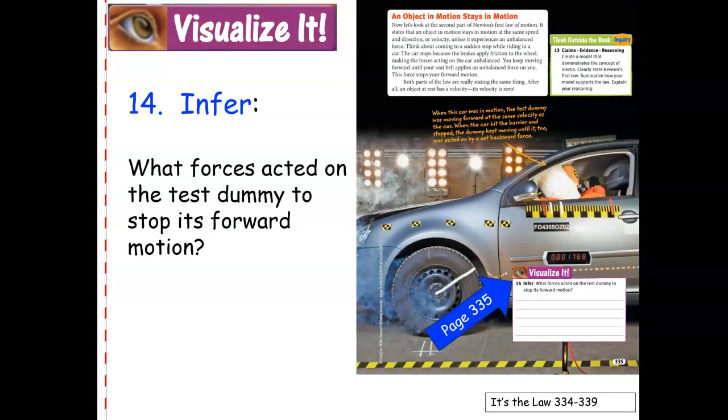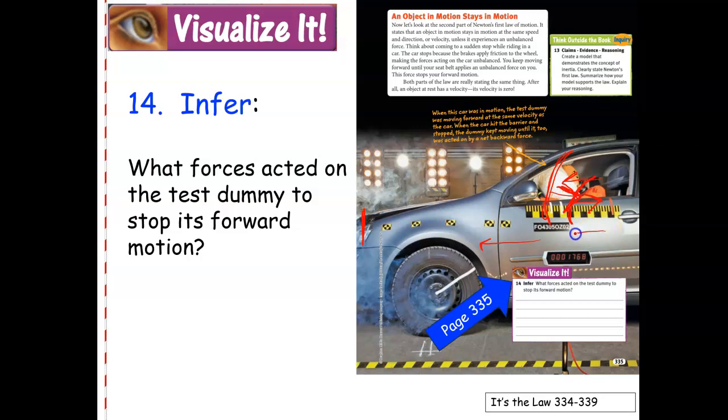Remember that the car is going to continue going forward. And so when it hits this barrier, the dummy is going to keep going forward. For safety's sake, we want to stop that forward motion. So we have the force of the seat belt that acts against that forward motion, and the force of the airbag that acts against it.